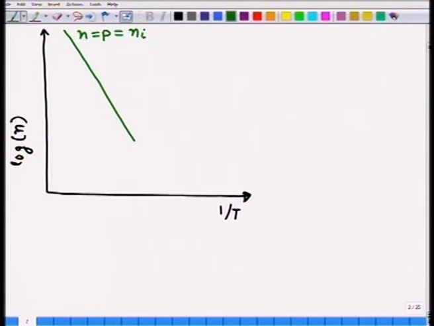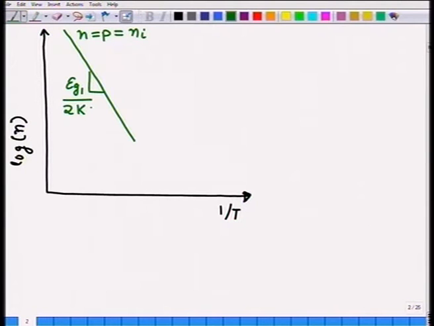And the slope gives me minus Eg by 2k. I drop the minus sign, it is obvious that it is anyway a negative slope. So, let me just write Eg by 2k is the slope.